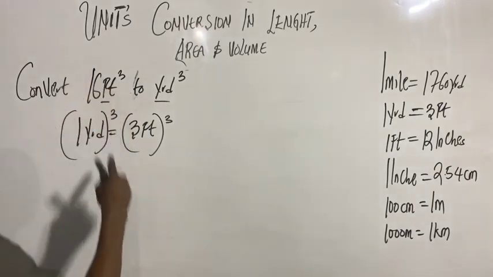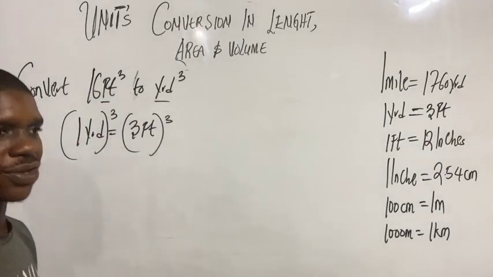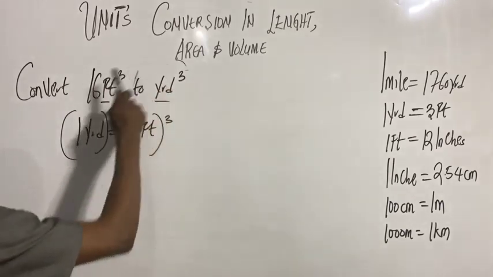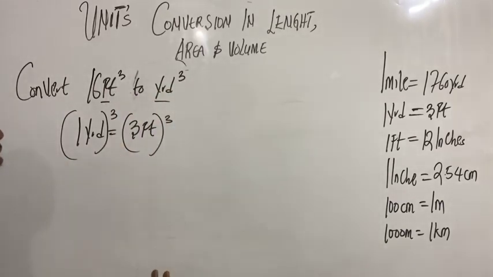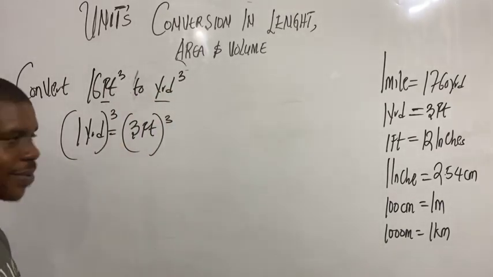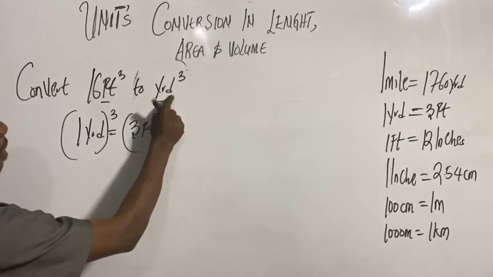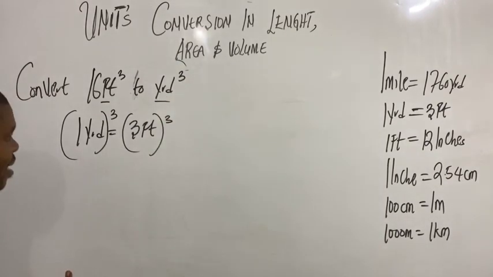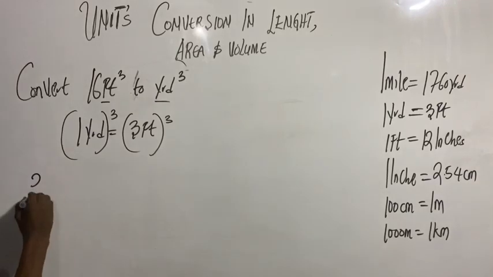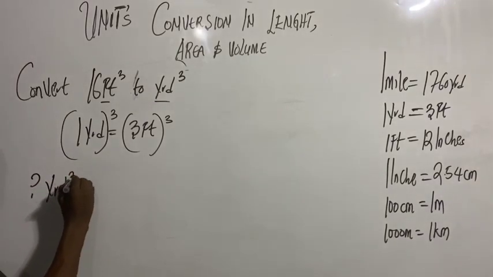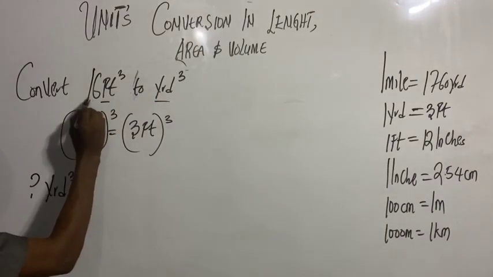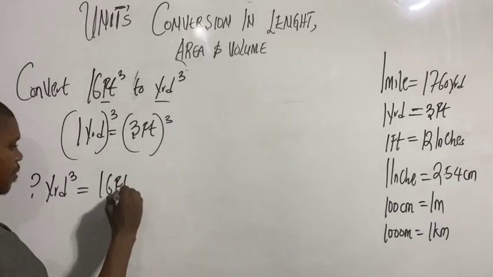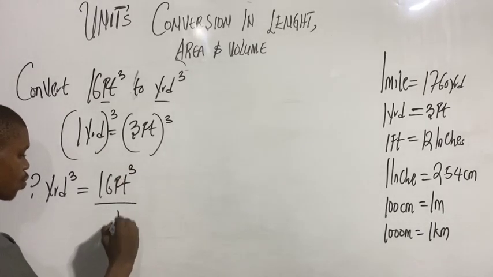Now I'm using dimension analysis, right? So I'm going to express one in a mathematical system so I can use dimension analysis. Now it's very easy to express it. Now my final answer or my destination is yard cube, right? So it's going to be yard cube equals to, now I'm converting 16 feet cube over 1.